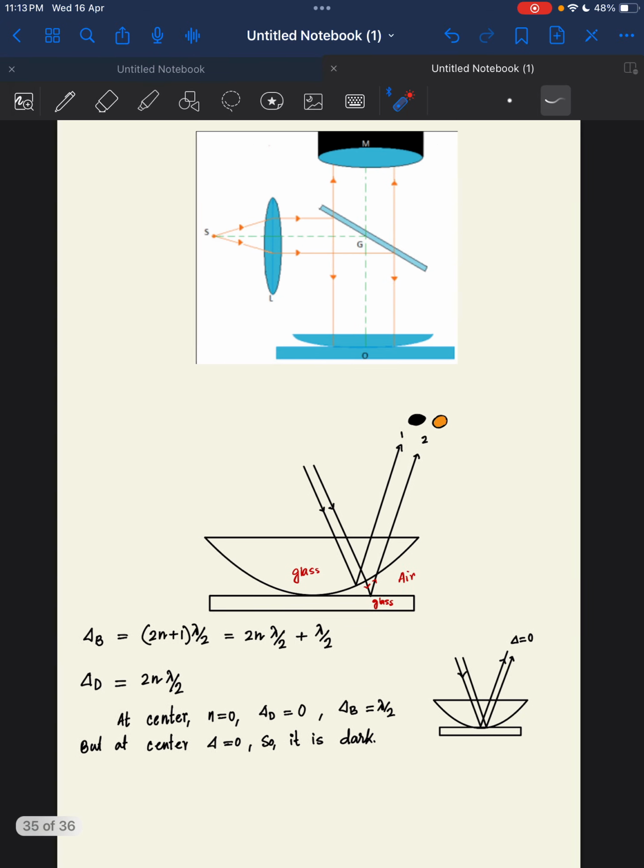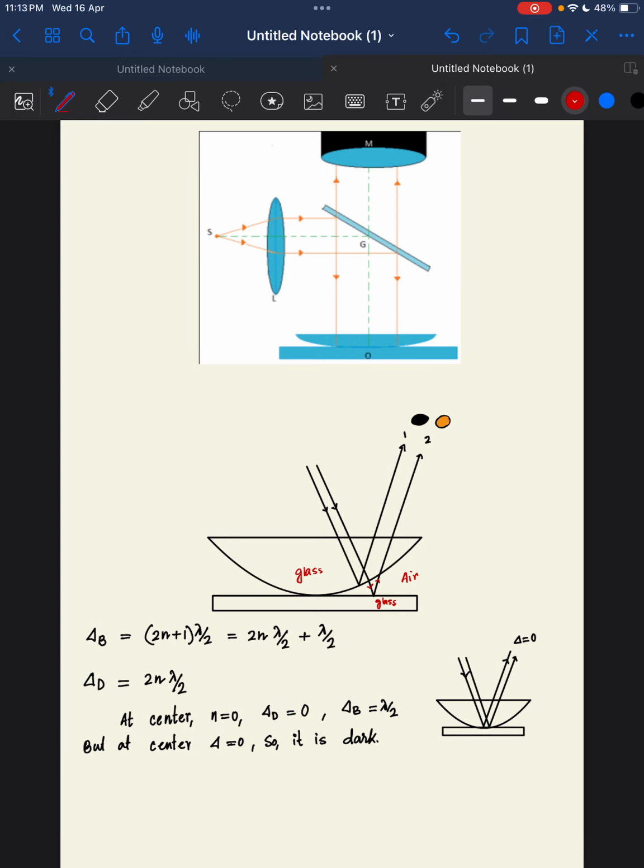Now if you have gone through the manual, you will know how we can find the wavelength. The formula was like this: lambda equal to Dn square minus Dm square divided by 4R times n minus m. This R is nothing but the radius of curvature of the plano convex lens.